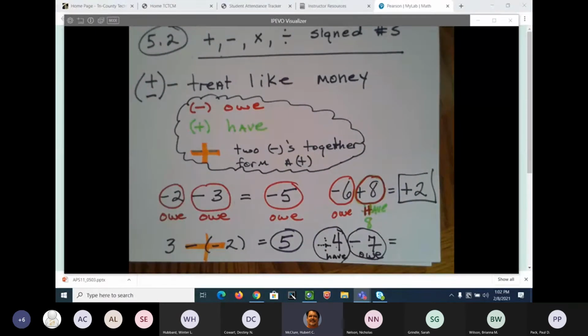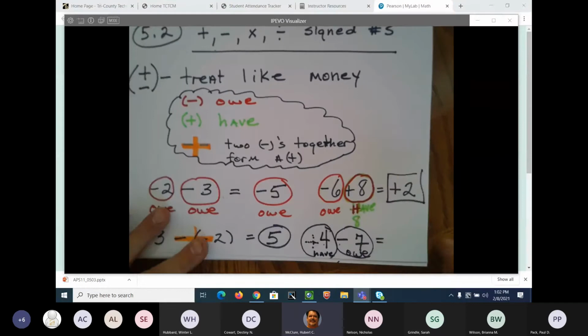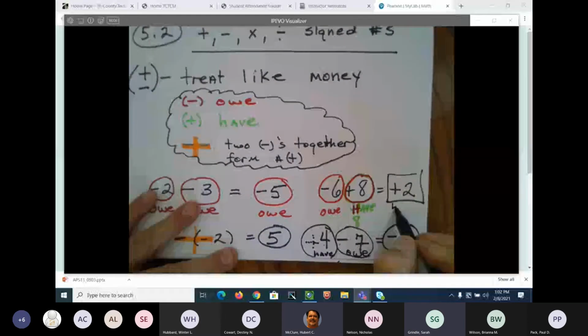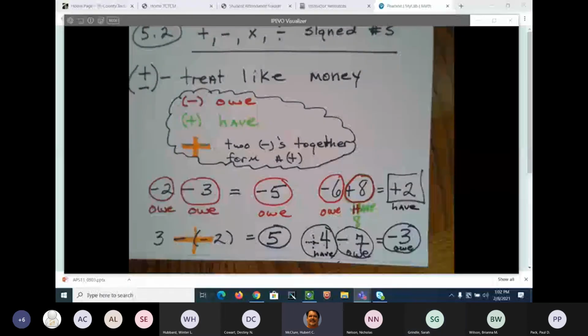Well, let's say you owe your sister $7 and you give her 4. What's the outcome? -3. You still owe her what? 3. Now, again, how can y'all make that difficult? That's how you do adding and subtracting.